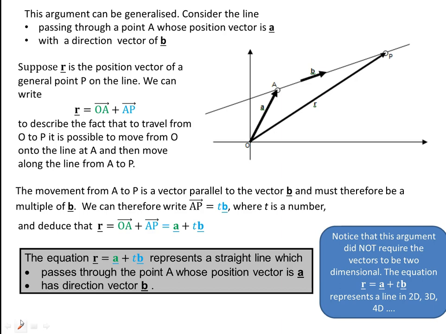The equation r = a + tb is also valid for lines in 3 dimensions, and if you can imagine it, it's also valid for lines in 4 dimensions, 5 dimensions, or however many dimensions you want.